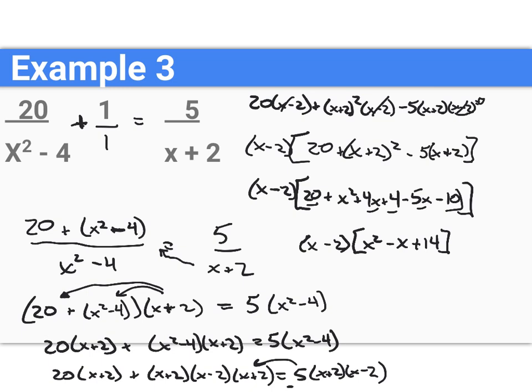There are no factors of 14 that add to negative 1, because you have 1 and 14, and 7 and 2, and that's it. I could go further, but you get a trinomial.